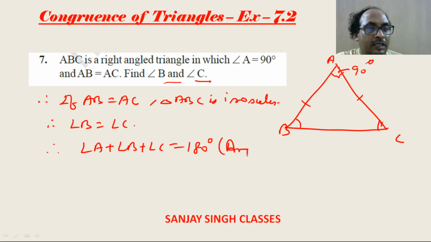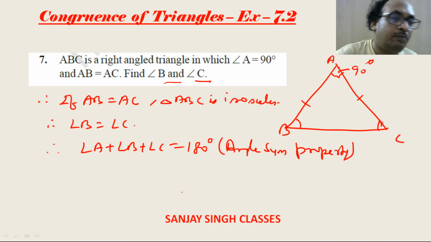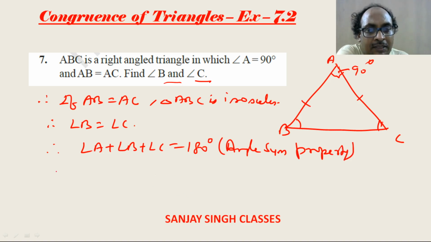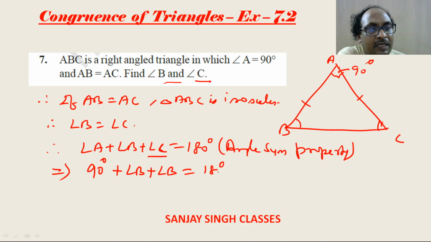That is called the angle sum property. So angle A is already given as 90 degree, plus angle B, and angle C is also equal to angle B, equals 180 degree.